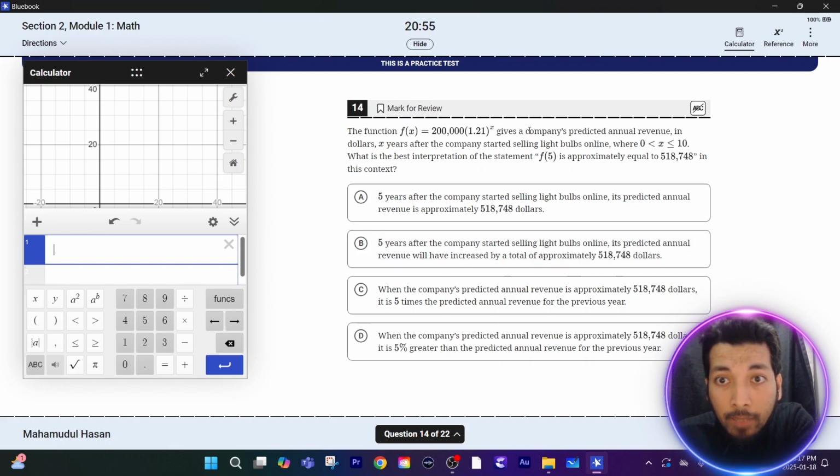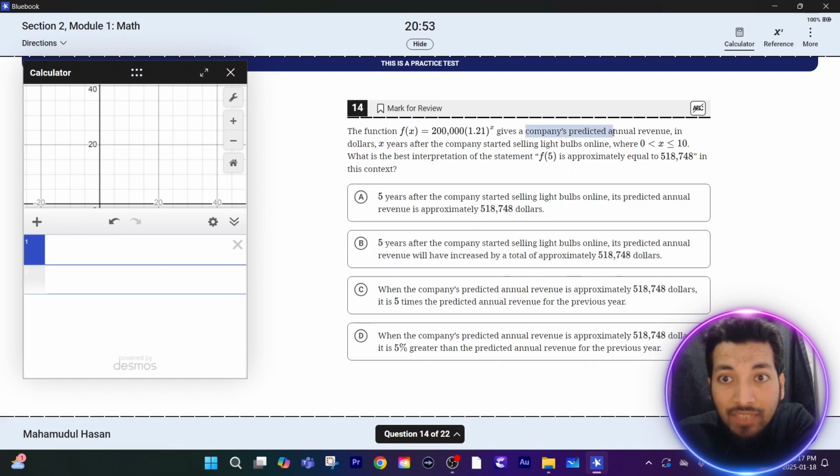$518,748. So f of x is giving the company's predicted annual revenue, x years after the company started selling light bulbs online. So x is between 0 to 10. Option C says when the company's predicted annual revenue is approximately $518,748, it is 5 times the predicted annual revenue for the previous year.